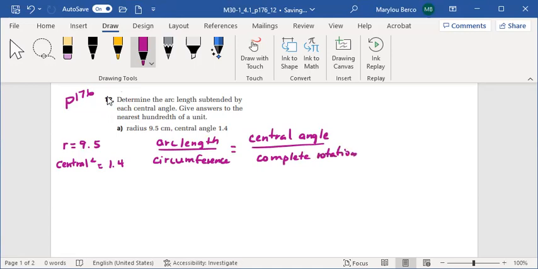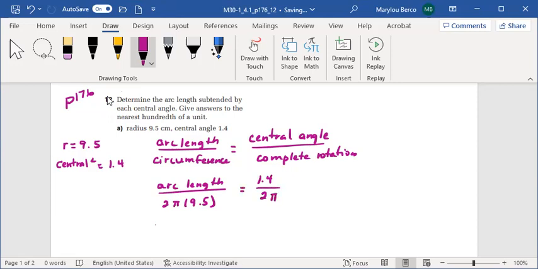Substituting these values in, we have arc length over the circumference, which is 2 pi by 9.5 equals 1.4 over 2 pi.